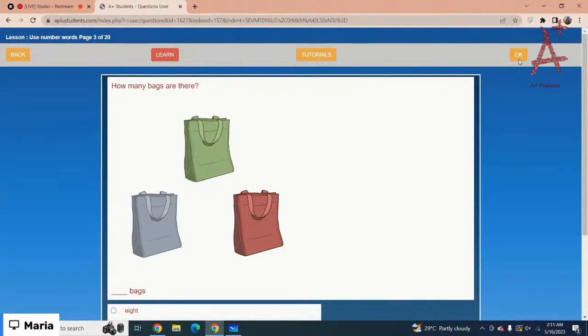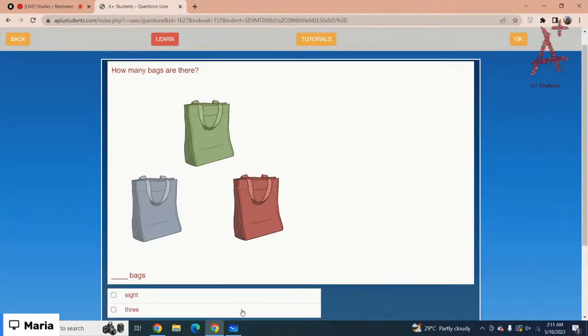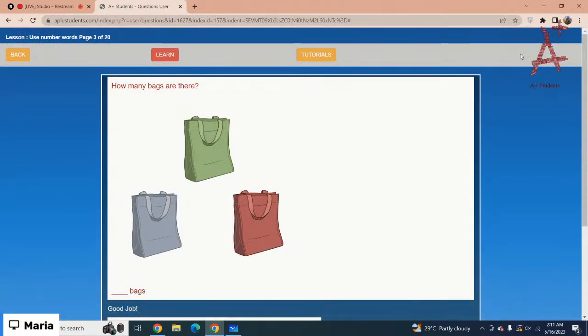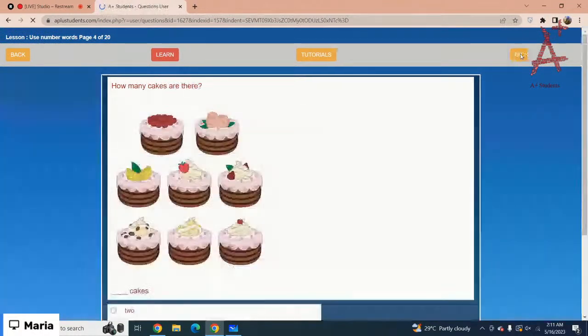How many bags are there? Yes, we have three bags, so the correct option is three. How many cakes are there?